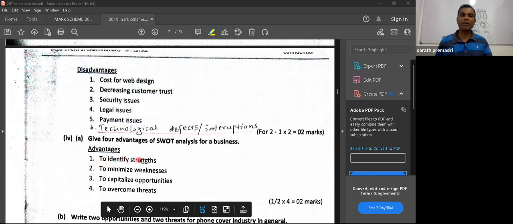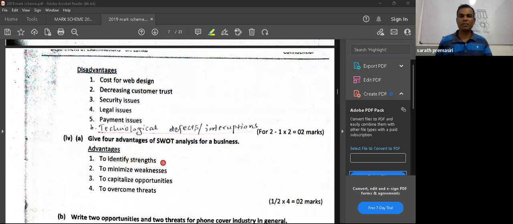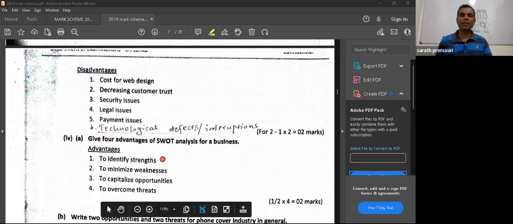able to identify strengths. She is able to minimize weaknesses.